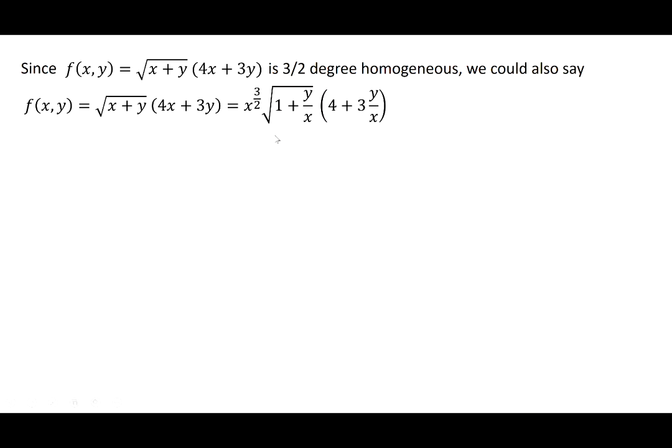Now look at this guy. We have square root of 1 plus y over x, 4 plus 3 times y over x. Could we replace y over x with some u? Yeah. So this stuff now becomes x to the 3/2 times square root of 1 plus u times 4 plus 3u.